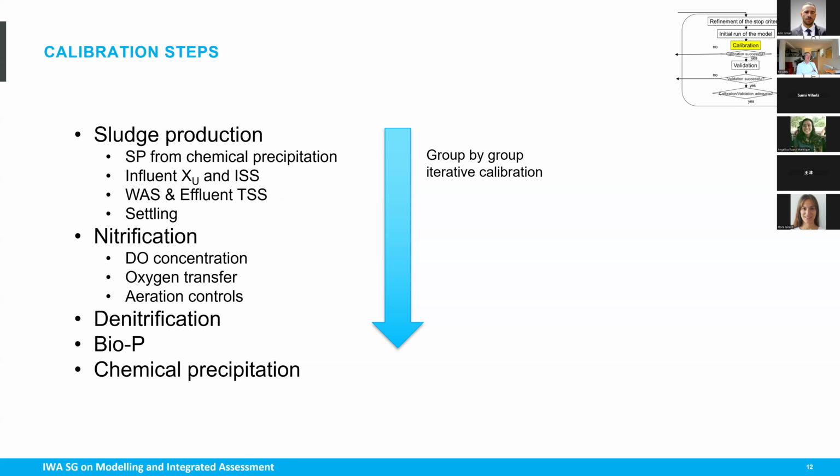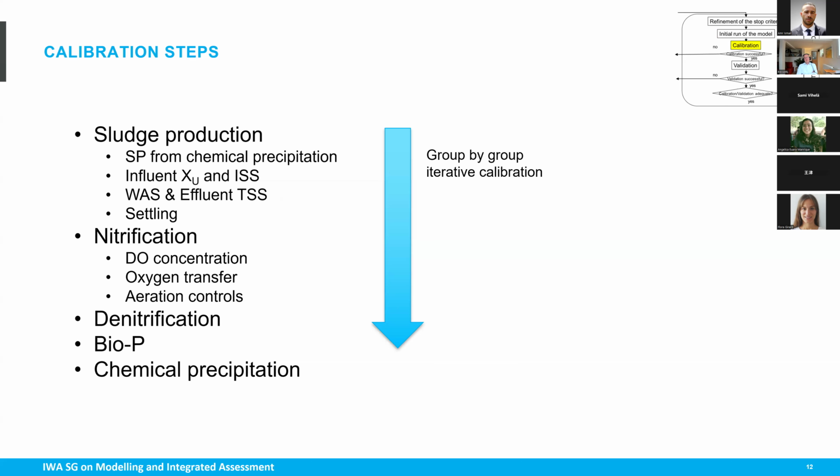Important here is that you start with something which does not affect too much of the follow-up steps. So you typically start with sludge production, right? And that sounds, yeah, sure, sludge production, that is slow and seems kind of trivial. But to be honest, if your sludge production is off, the whole model fails.